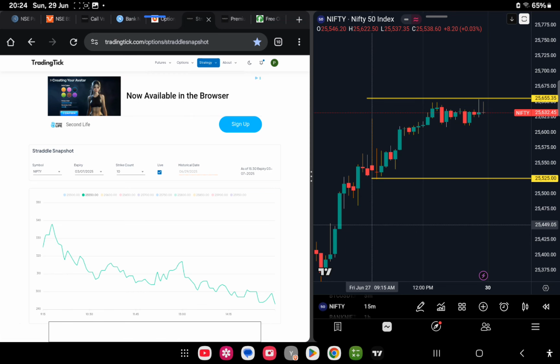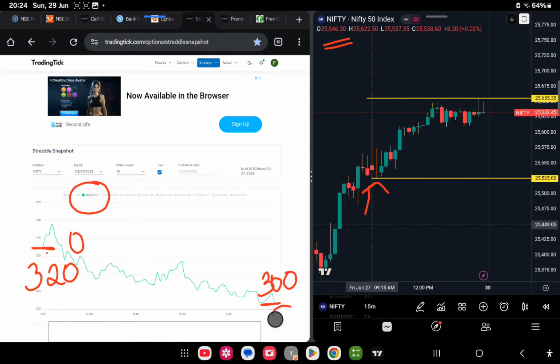I'm taking 550 because that is the open, and I'm taking the 550 strike. I'm taking the general number; you can take the actual as well. So I'm taking 320 as the average open, and then here you see almost 300 as the average close.